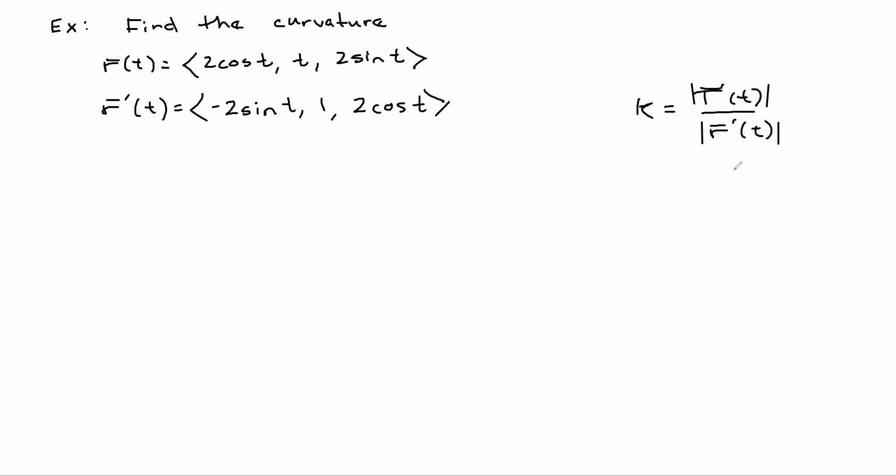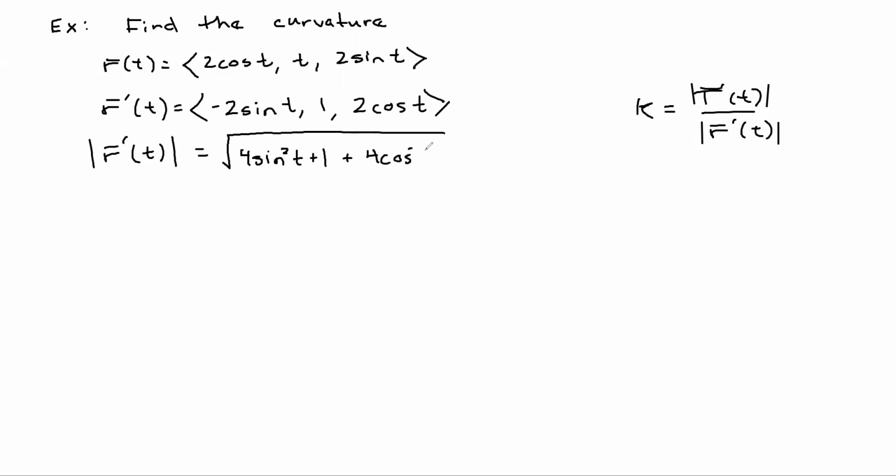That gets us this, and then we find the length, and then we'll be done with the denominator. So what is the length of this? We get the square root of 4 sine squared t plus 1 plus 4 cosine squared t. I guess we could have copied what we did earlier. This will be the square root of 5, the same result we got from the earlier example.